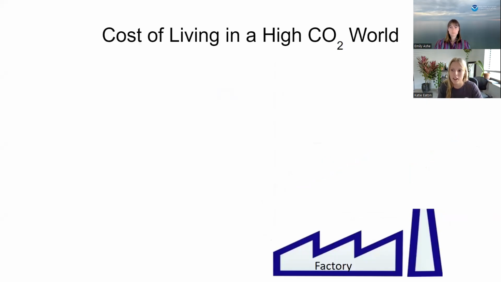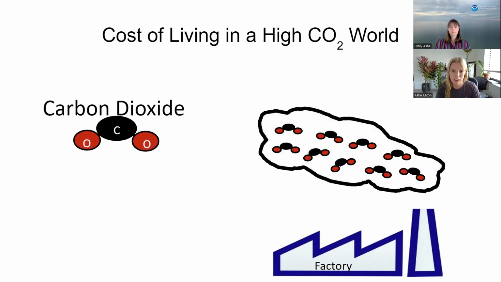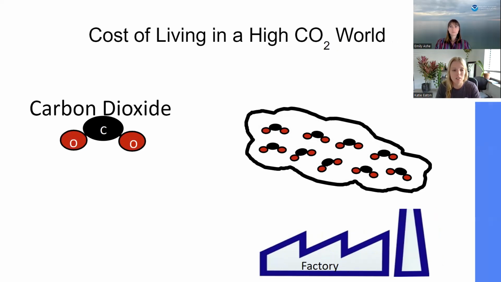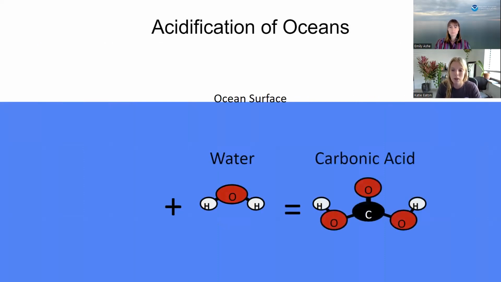So I have a little diagram here that hopefully will help you visualize how this works, because I know it's a lot of chemistry and just a lot to take in. So what are the costs of living in a high CO2 world? So we have our factories that are emitting carbon dioxide into the atmosphere. And when we have all this carbon dioxide in the atmosphere and it's mixing with water or seawater, it creates a compound called carbonic acid.